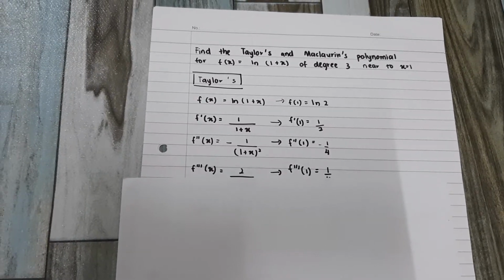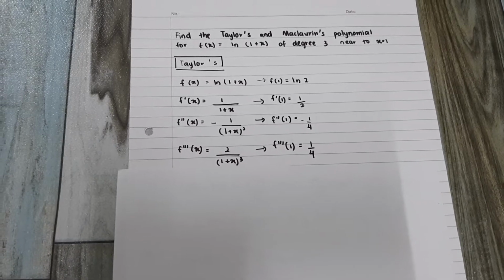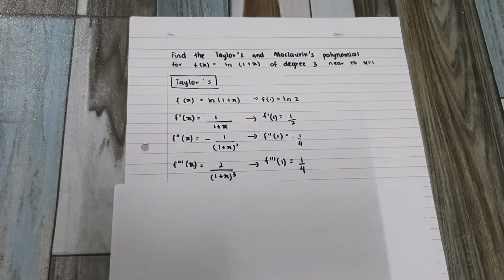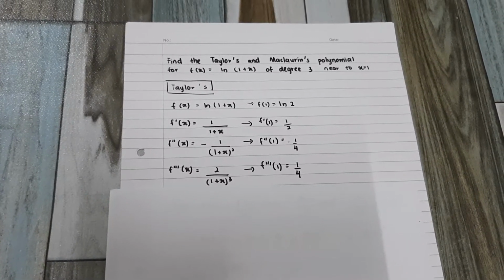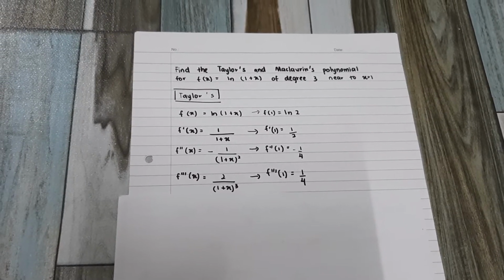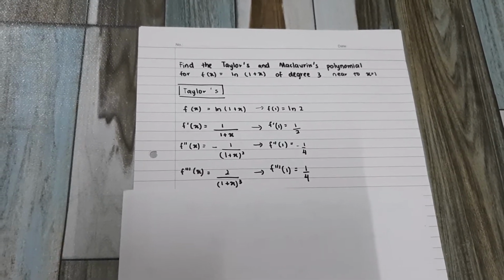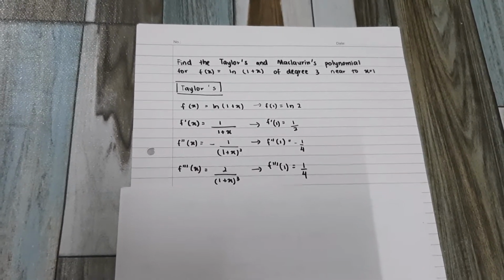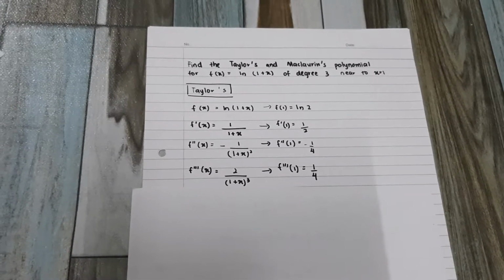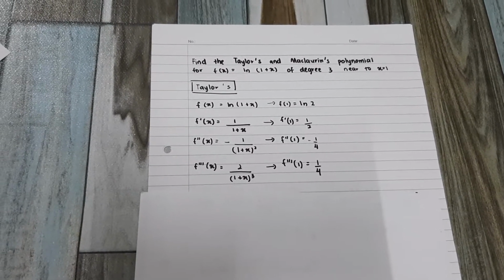Three times we derive the function, so we get f of x is ln(1 plus x), f prime x is equal to 1 over 1 plus x, f double prime x is equal to negative 1 over (1 plus x) squared, and f triple prime of x is equal to 2 over (1 plus x) cubed.